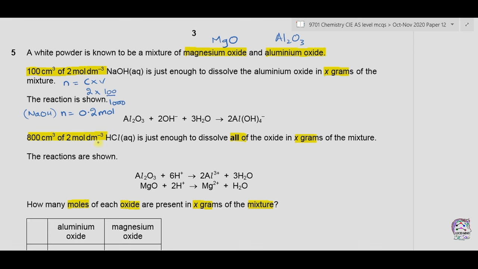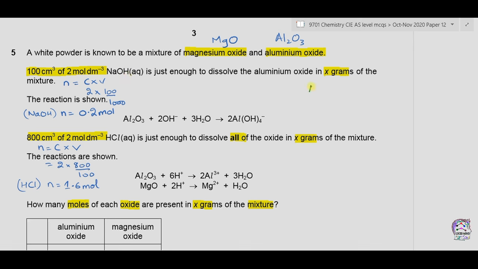Similarly, we can find the number of moles of HCl. n equals concentration in mole per decimeter cube times volume in decimeter cube. So it will be 2 times 800 divided by 1000. And the number of moles of HCl is 1.6 moles.